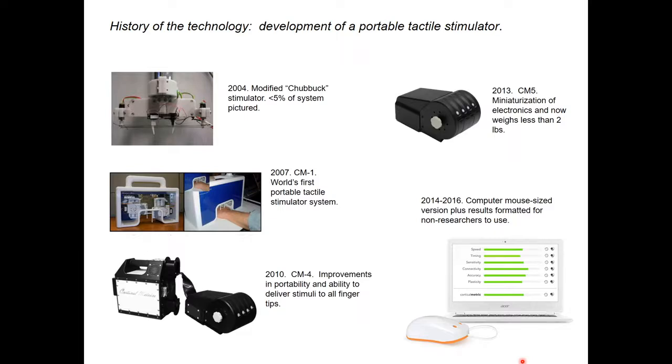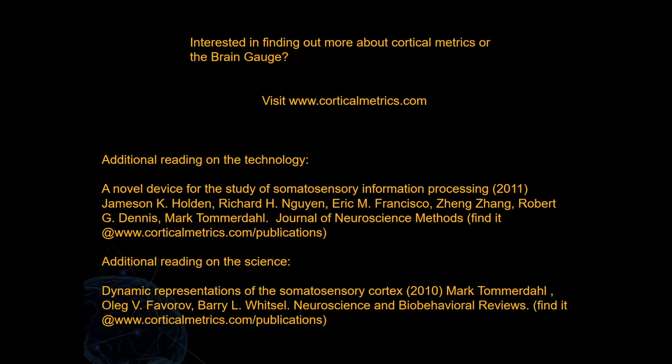So this is a computer mouse-like version that works very well and is being used in a lot of studies right now. And if you're interested in finding out more about CorticalMetrics or the Brain Gauge, visit our website. There's also additional reading listed on here for the technology or the science.